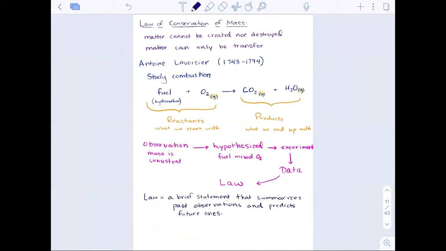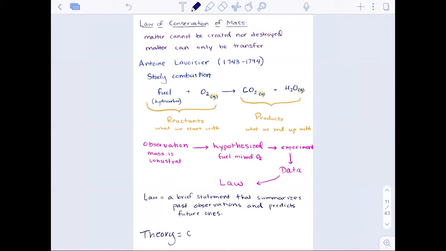Now, a theory is something quite different. A theory is something that takes all of the law and all of the data with the law, and it creates a model for the way that nature is, and it tries to explain that.